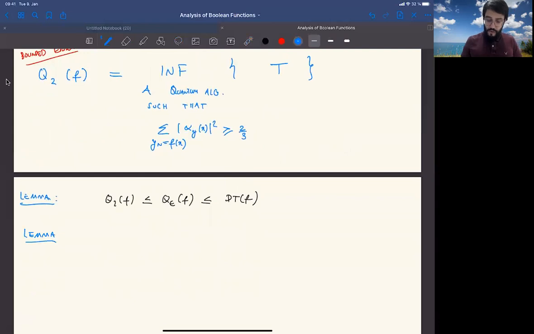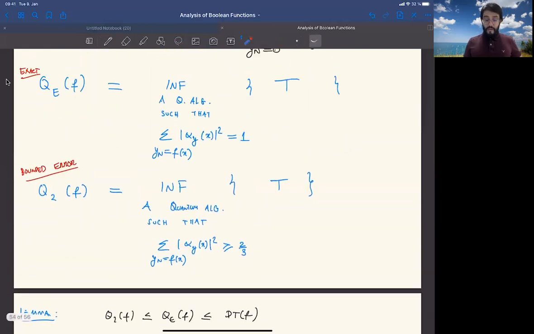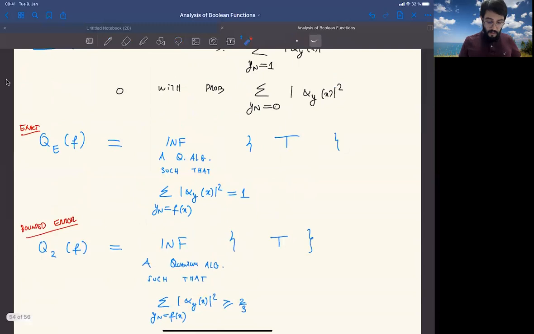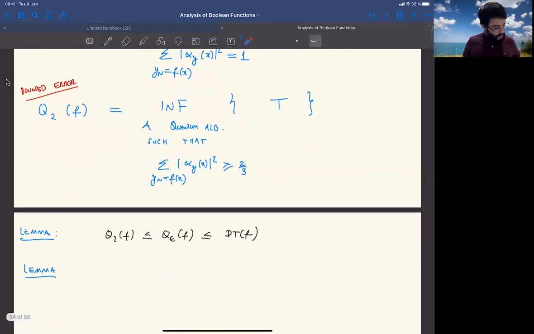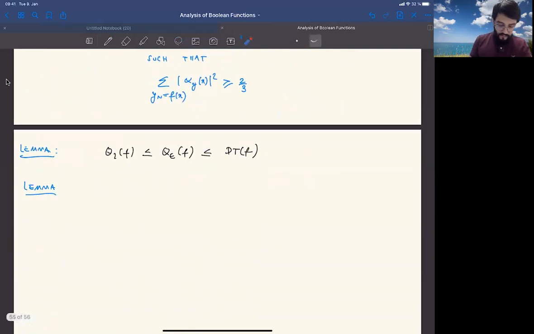We have these two competing complexities, the complexity of quantum systems, of quantum algorithms. And before I go, let me just note something.